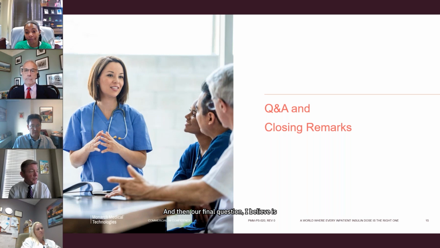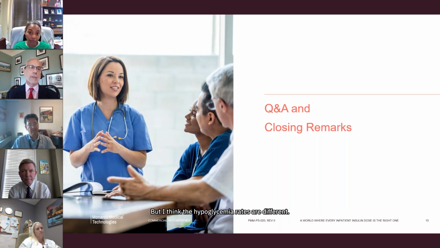And then our final question, I believe, is pretty similar to what we've been discussing all along. What other algorithms or protocols have you used, and how does EndoTool compare to them? Well, when I was in Norfolk, we had Glucommander. I would say the length of stay data looked similar between these two tools, but I think the hypoglycemia rates are different.